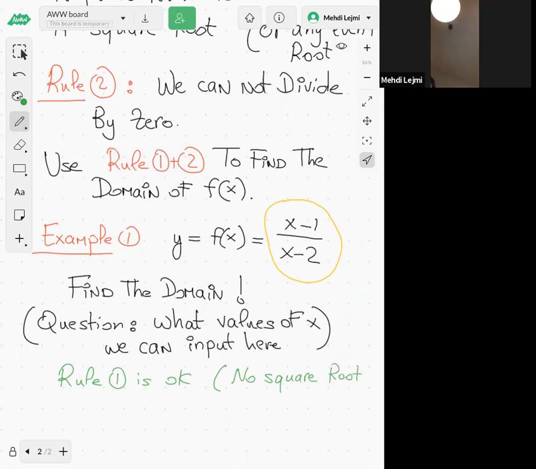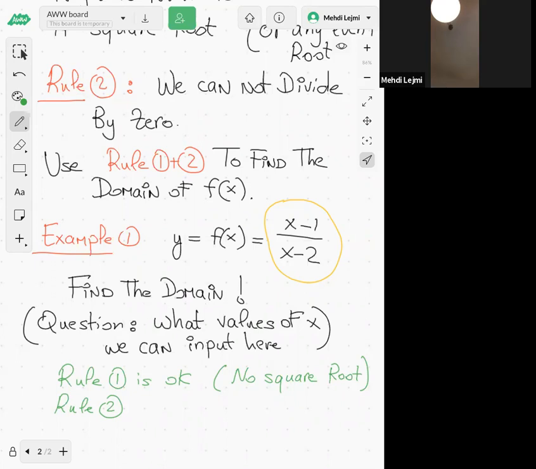The thing is, if you had a square root, then you have to make sure that whatever you have under the square root is not negative, right? Because we are not allowed to have negative numbers under the square root. Now, what about rule number two? Rule number two says that we cannot divide by 0, right? And the question here is, is there a division in the function f?